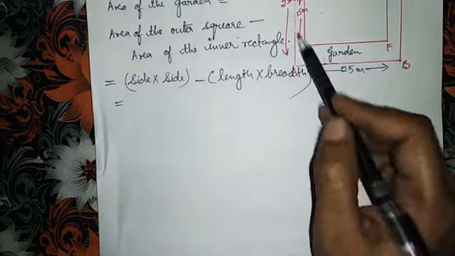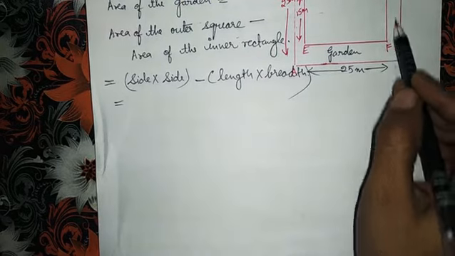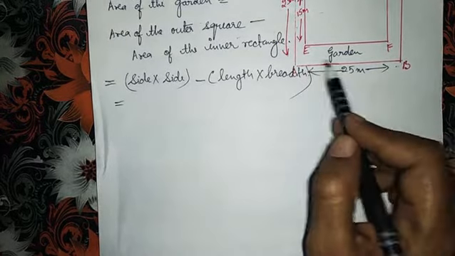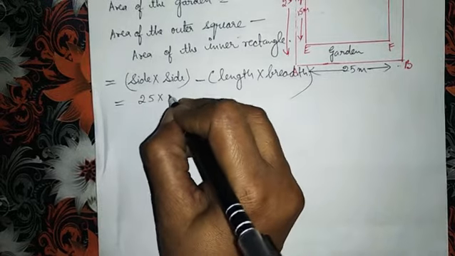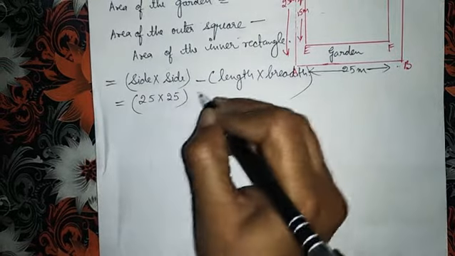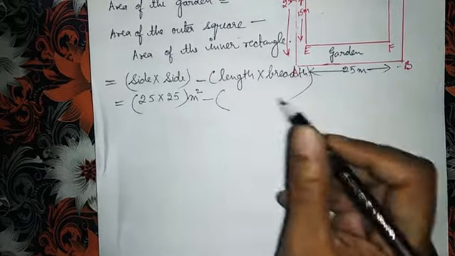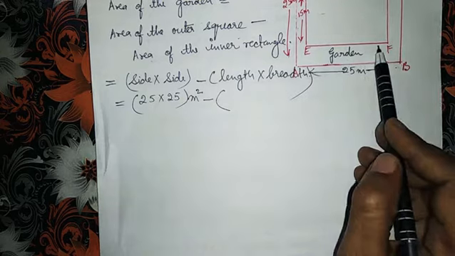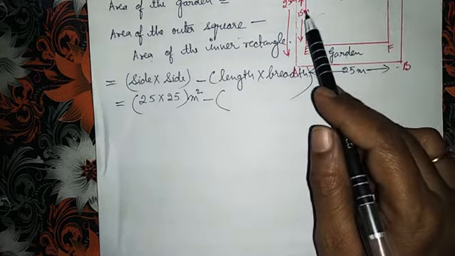Okay, now see side AB into BC. Okay, side into side, AB into BC, and you can see both are the same. So here we can write 25 into 25, and here we will write meter square. And now for area of the inner rectangle, length is 20 meter, okay, and breadth is 15 meter.